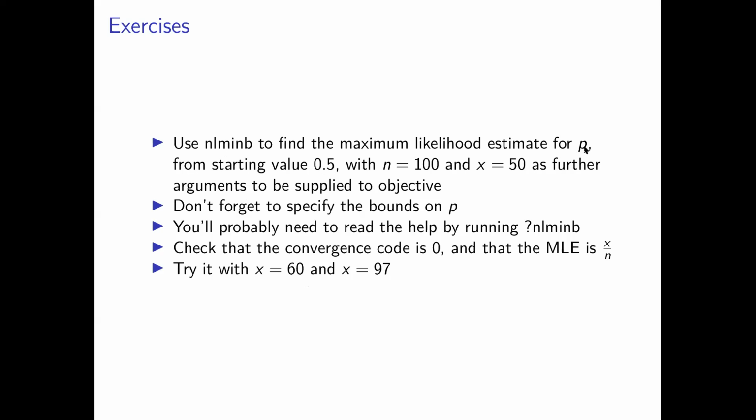Remember, P is a probability, so it has to be between 0 and 1. You'll need to specify that in the bounds inside the call to nlminb. Pass in the values n equals 100 and x equals 50. That will be like your data. So P will be your parameter, and these values will be your data.